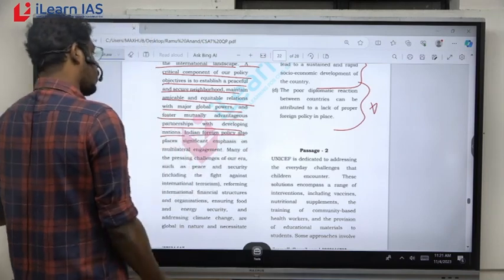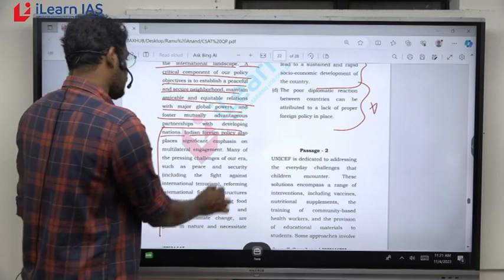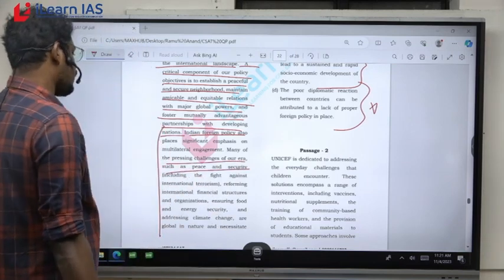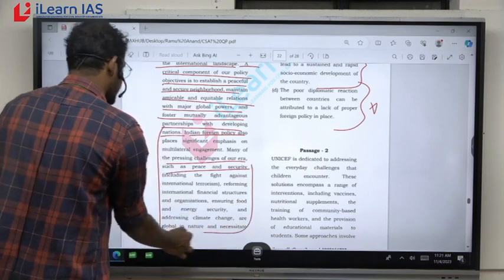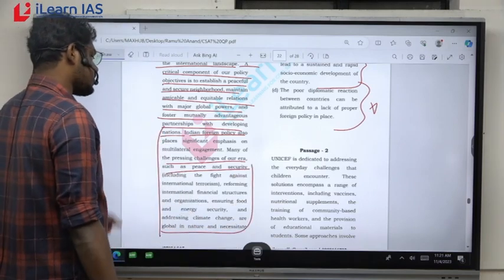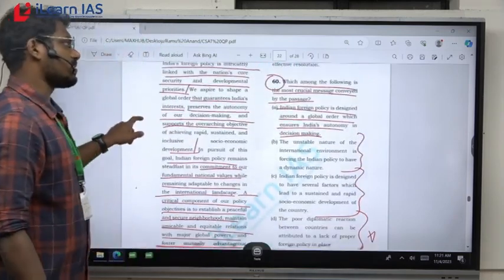Indian foreign policy also places significant emphasis on multilateral engagement. Many of the pressing challenges of our era, such as peace and security, reforming international financial structures, ensuring food and energy security, and addressing climate change, are global in nature and necessitate collaborative global efforts for effective solutions.